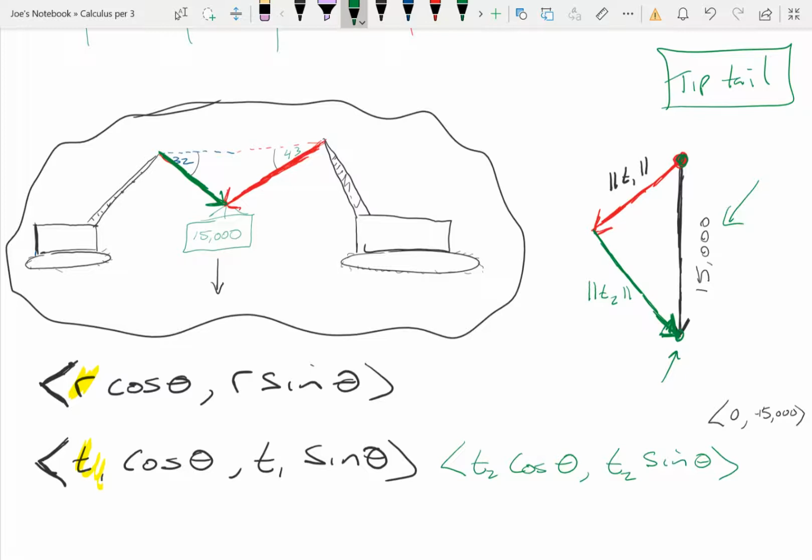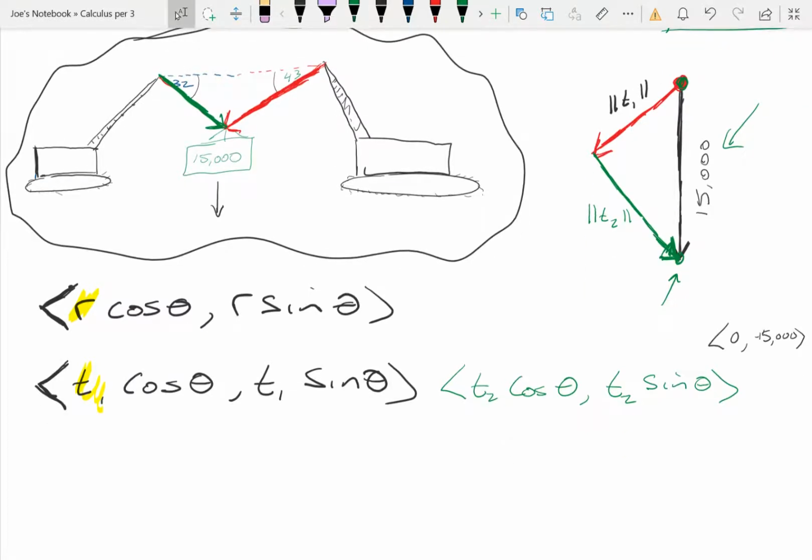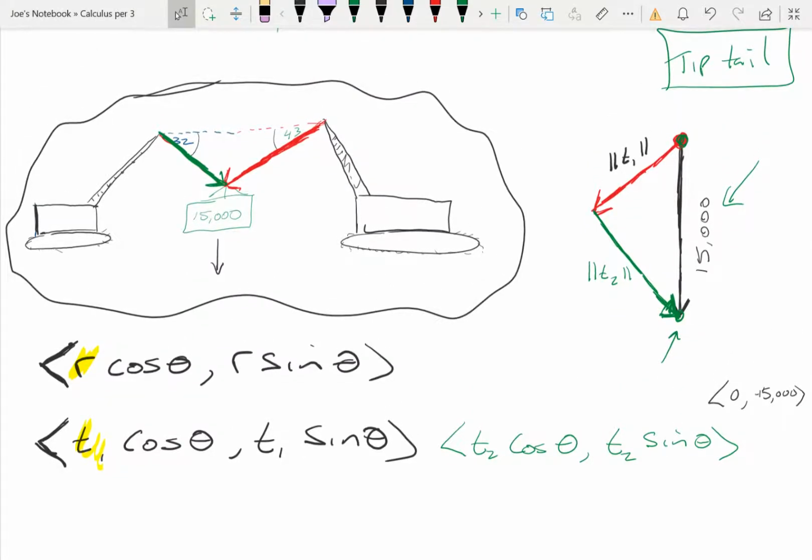So now we're going to have to go through and plug in some stuff. Let's look at our drawing up here.